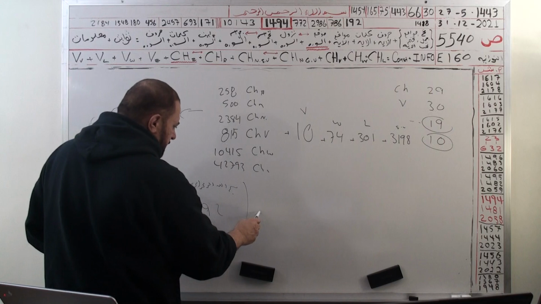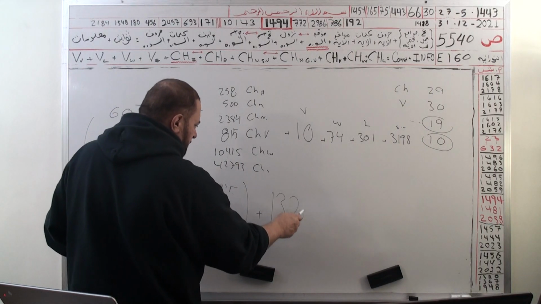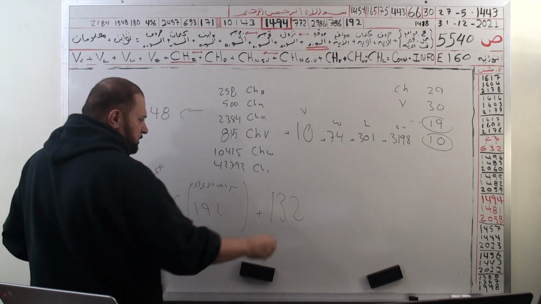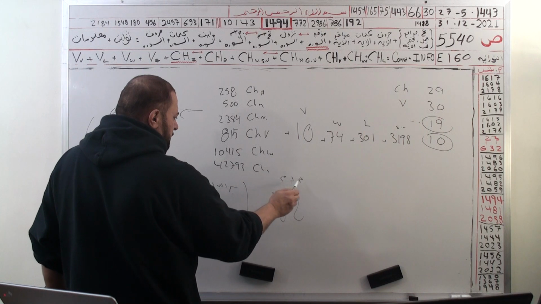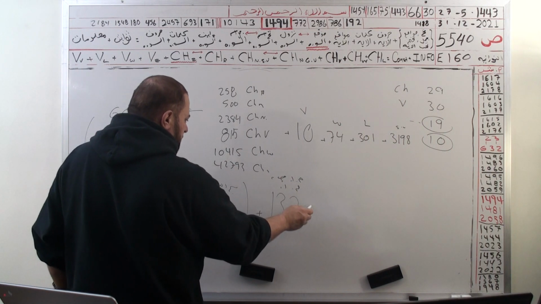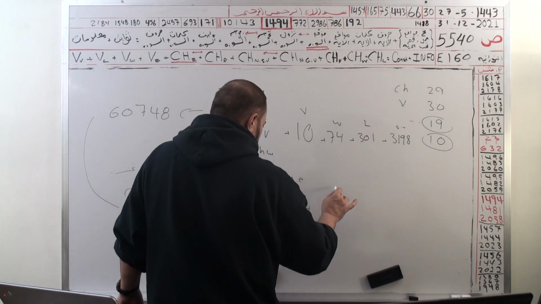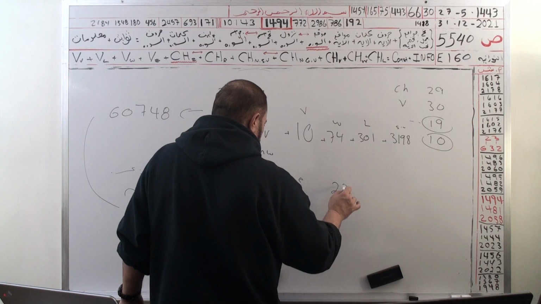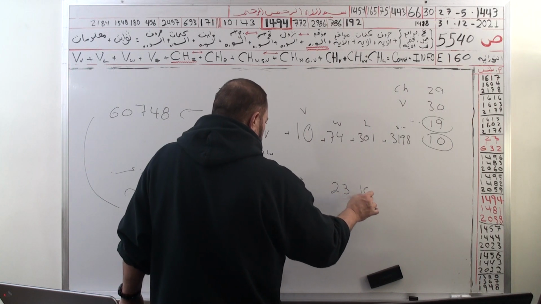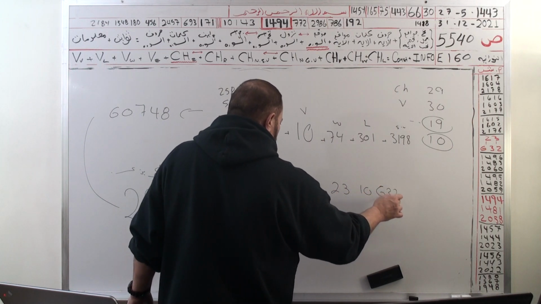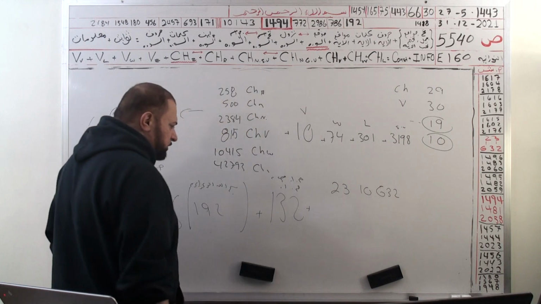What is left is his name, Muhammad Ahmad bin Abdullah, and al-Masih ibn Maryam. The era of the Nabi sallallahu alaihi wasallam, 23, 10, 632. This adds up to 665.